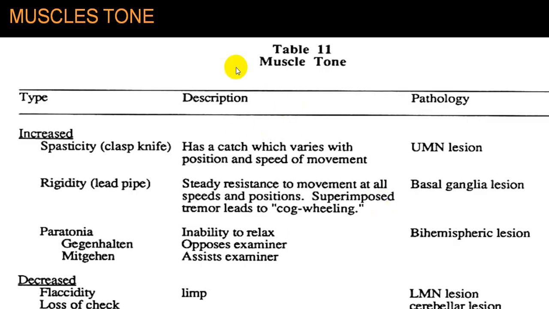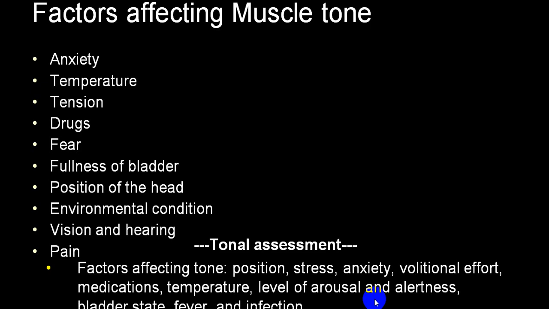We already described spasticity, rigidity, flaccid in case of lower motor neuron. Then factors which can affect the muscle tone without any neurological damage, like anxiety, temperature, tension, certain drugs, fear.